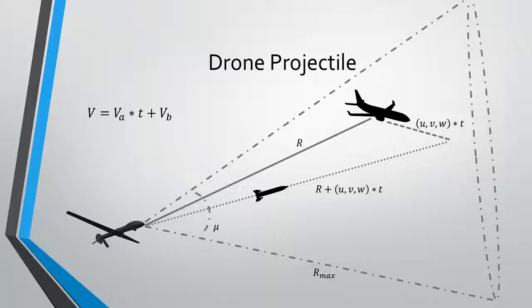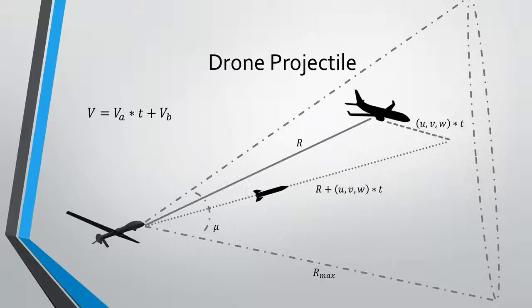So then it asks, how long does it take to travel R plus UVW times T? It iterates on that and converges to a value, and says, this is where I should aim.